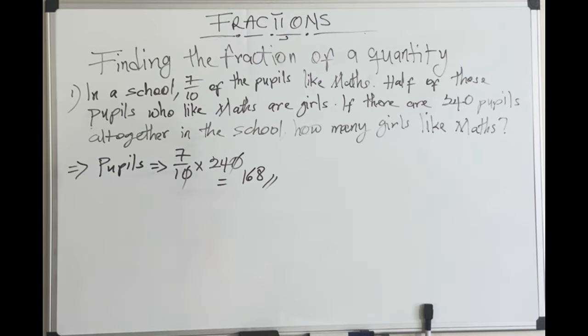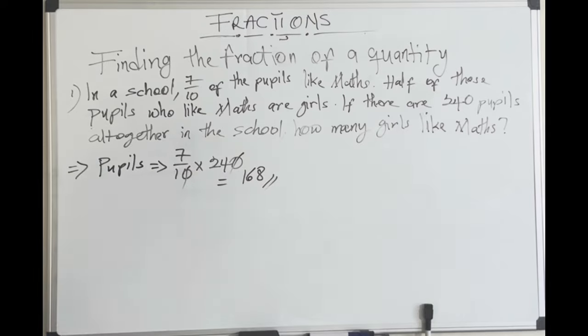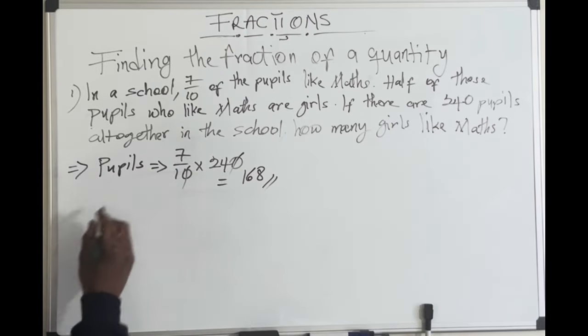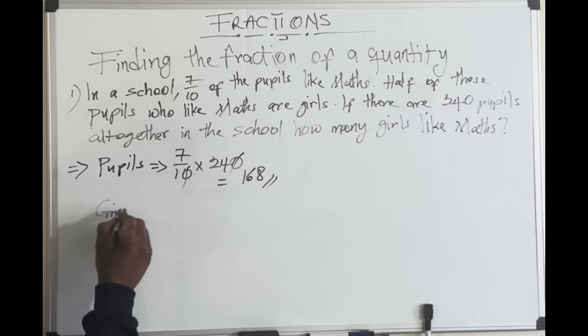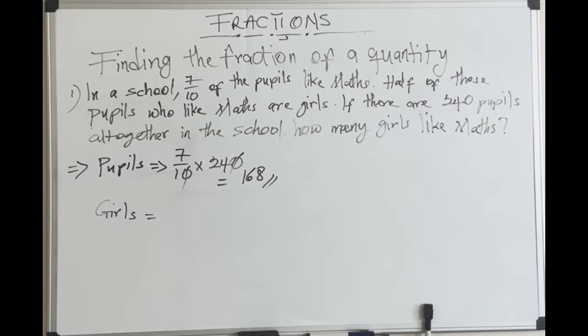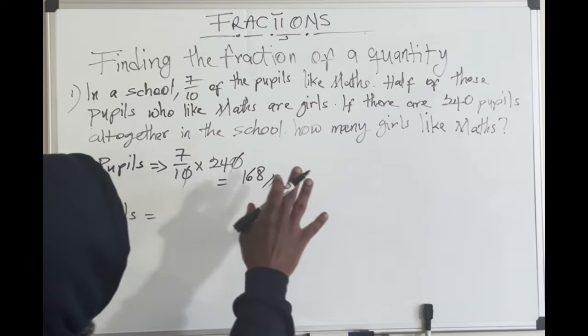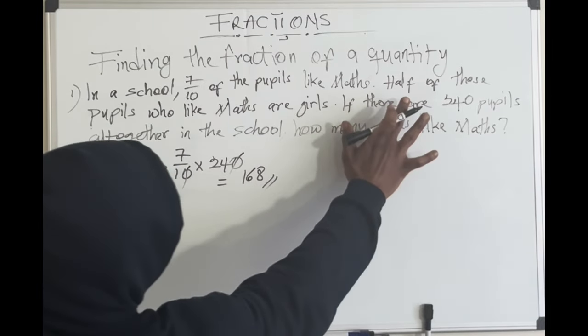Okay, we have 168. Now we can go ahead and look for the number of girls who like maths. Let me get a calculator. So girls, it says what is the half? Here's the tricky part.